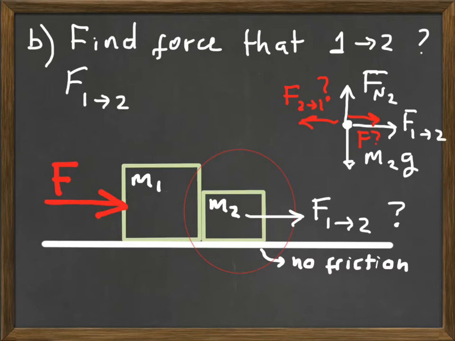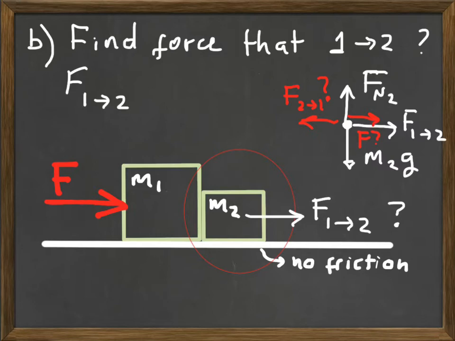So why is capital F not in our free body diagram? Because capital F is not applied to M2. Capital F is applied to M1. And we're doing the free body diagram for M2, not for M1. So the forces acting on M2 are only the normal force Fn2, M2g, and the force that 1 puts on 2.